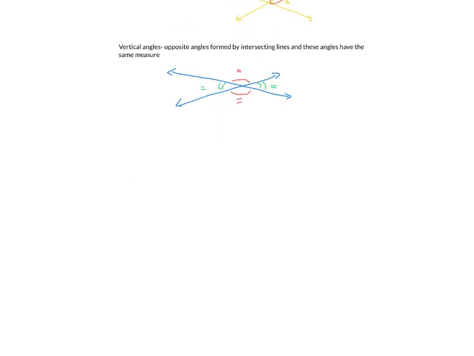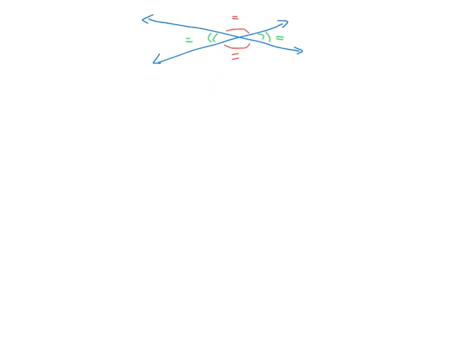Next word we have is transversal. It's kind of a big word. And it is a line that intersects two or more lines that lie in the same plane.